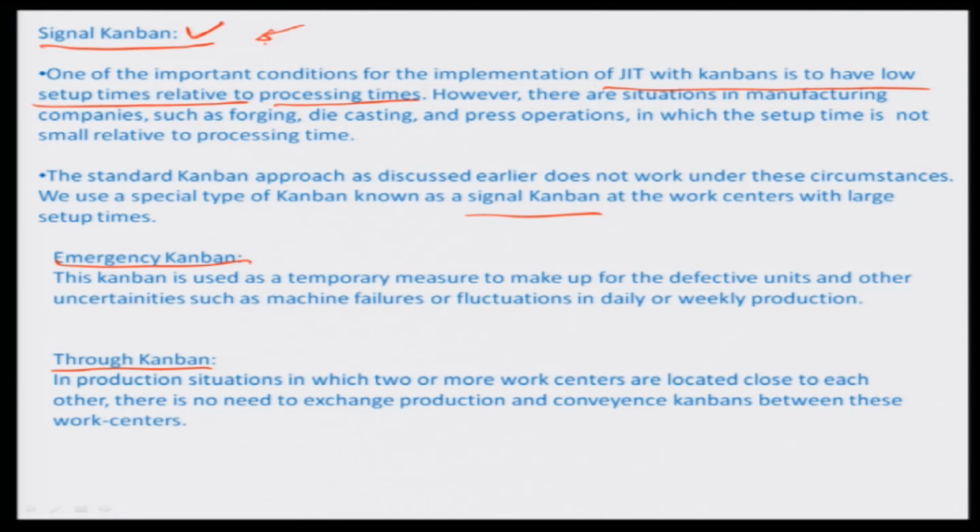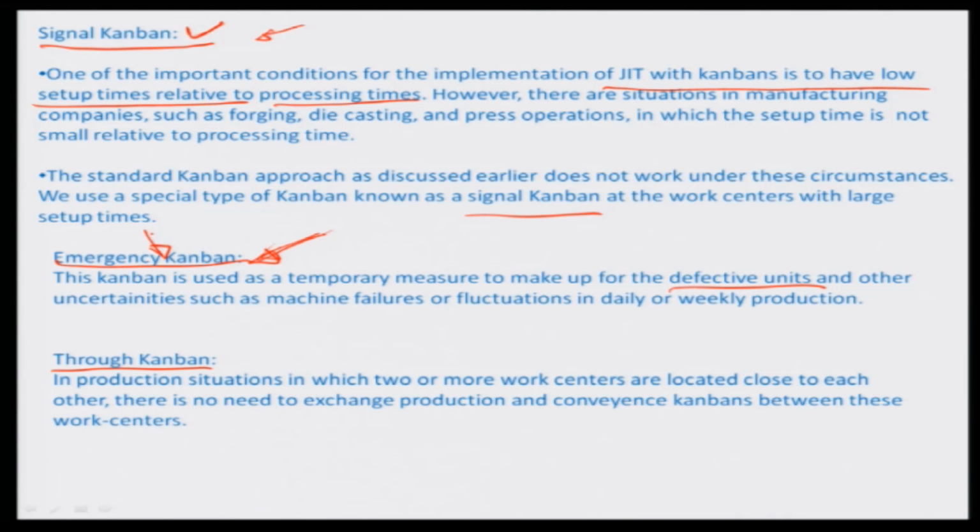There are some other exigencies which are used, for example, supposing there is a defective unit which is produced at a work center. So, you have to really produce an emergency Kanban there, which is not a process imbalance, but is in order to maintain the flow, and the decision has to come from the highest level of the company when you are trying to induce this emergency Kanban.